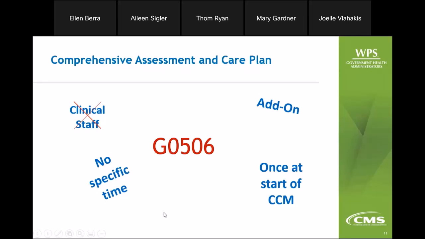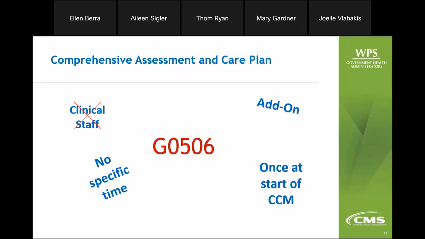The other thing that we want to make sure we're clear on in our education, and that you as the providers doing this are clear on, is this procedure code is not the initiating visit. That's all those other codes that we talked about. This is not automatic.